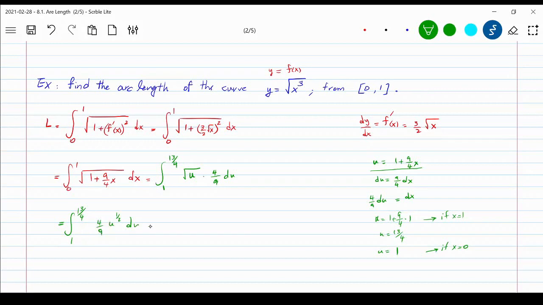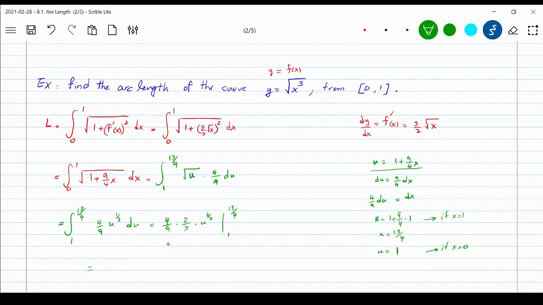Integrate this: 4 over 9 multiplied by the integration of that, u to the power 3/2 divided by 3/2, which is the same as 2/3 times u to the power 3/2, and evaluate it from 1 to 13 over 4.